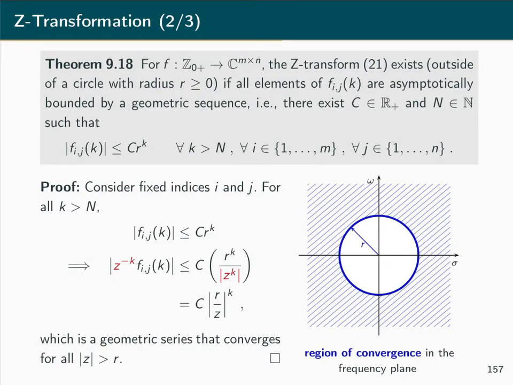Similar to the Laplace transformation, the z-transformation also has a certain convergence region in the complex plane.